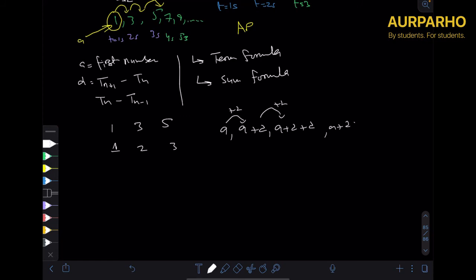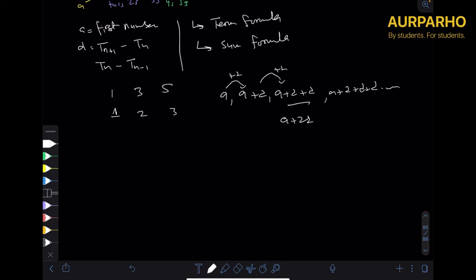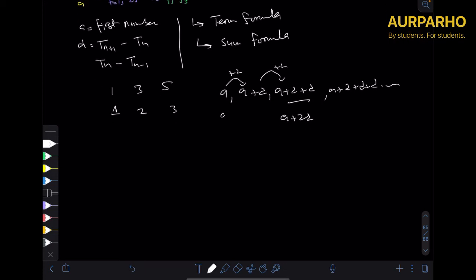So A plus D plus D plus D and so on. And this is the same as A plus 2D because multiplication is basically adding the same numbers again. So I can write this as A plus D, A plus 2D, A plus 3D, and so on. Right? This was the first term, this was the second term, third term, fourth term.